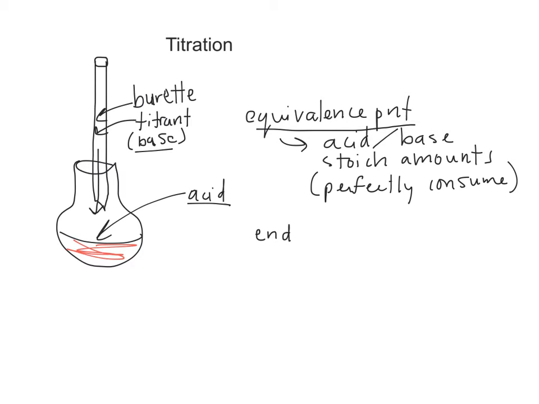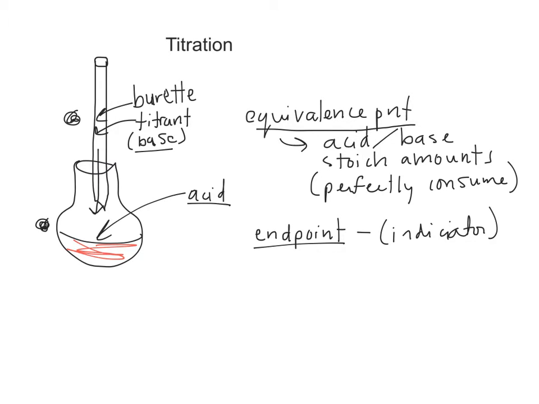There's also something called the endpoint. These terms are different but similar to one another. The endpoint is really about the indicator itself. In order to see the reaction happening, you're going from clear and colorless up here to clear and colorless down here.